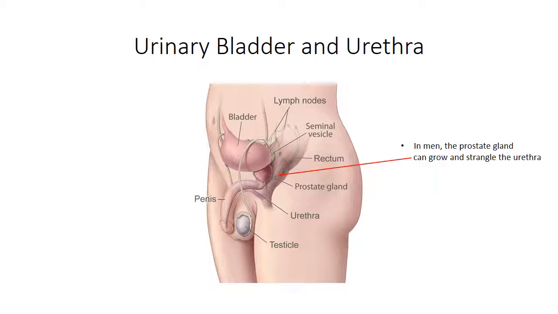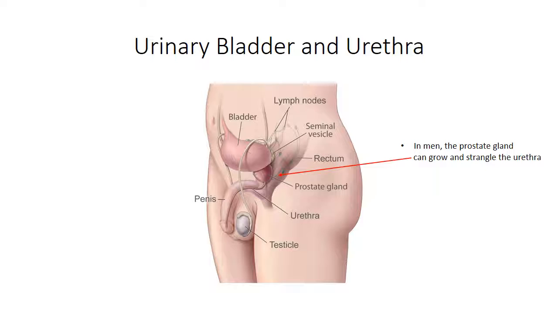But the main reason you guys all should know about this gland is that in men, especially men after 50, in certain cases, not always, but it's not a rare thing also, it begins to grow. The tissue of the prostate gland has cells that may begin to divide mitotically at a very high rate.